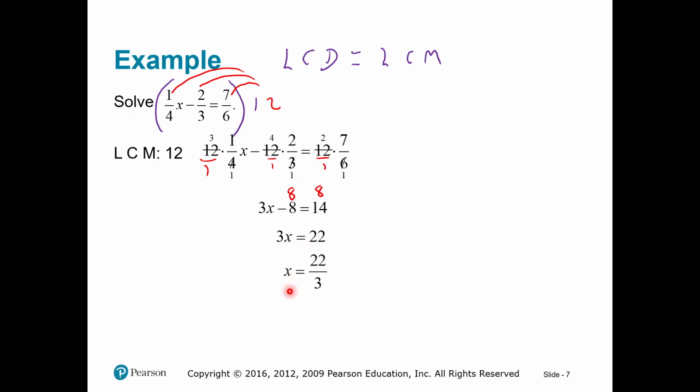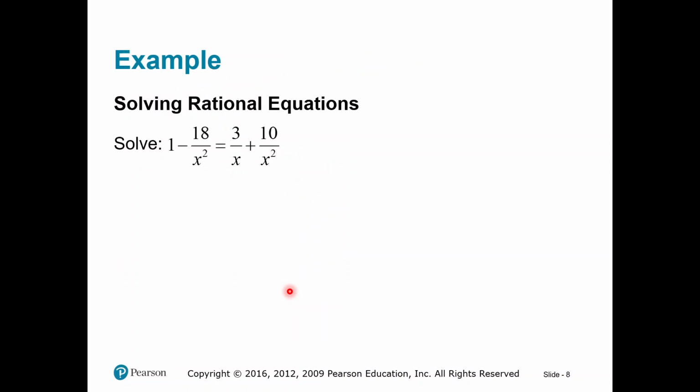And so x is 22 thirds. Let's do one more problem. What about solving 1 minus 18 over x squared equal 3 over x plus 10 over x squared?